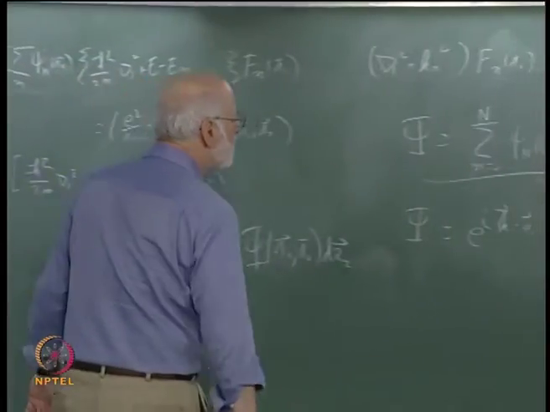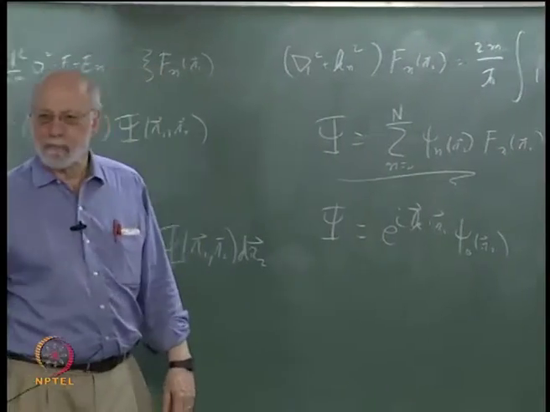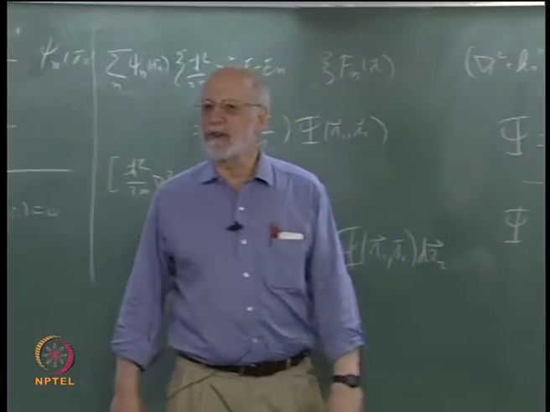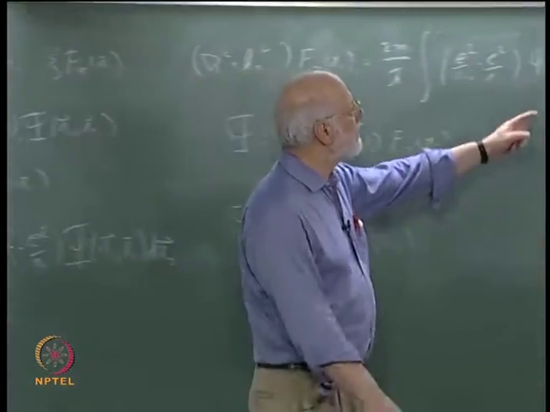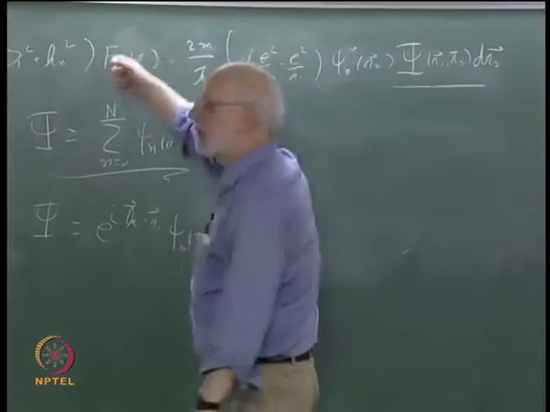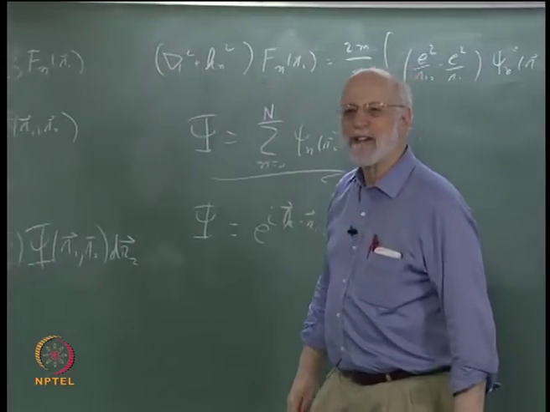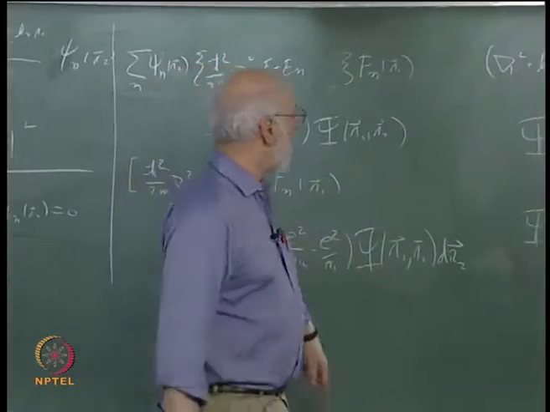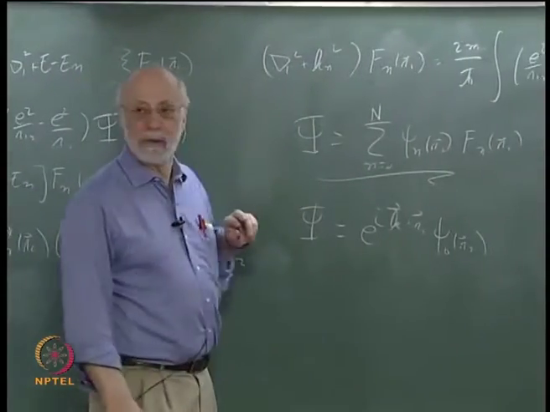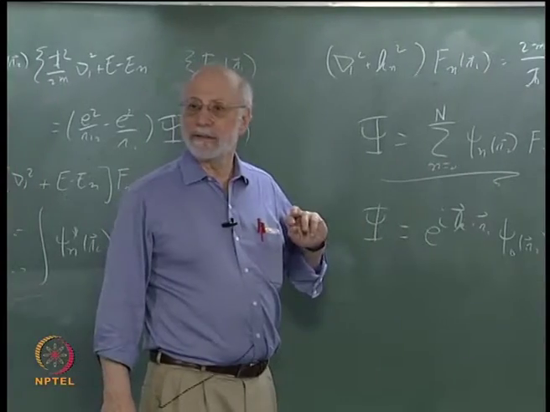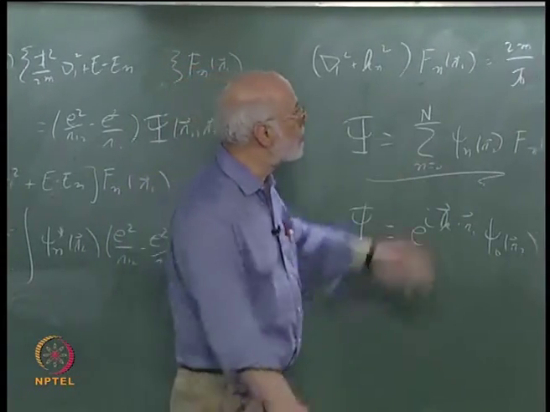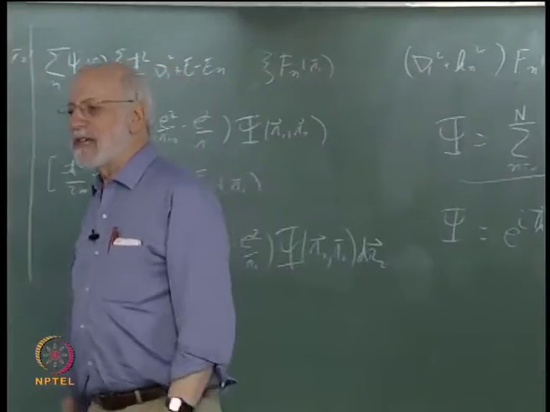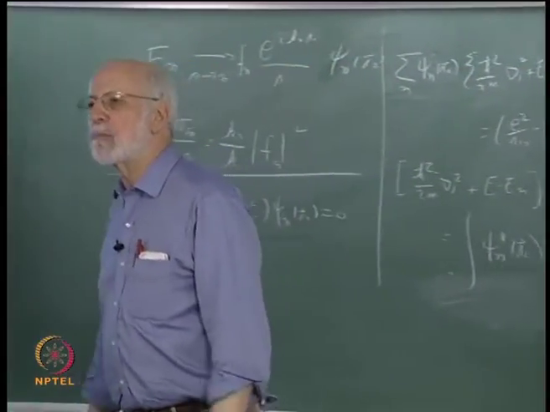So my philosophy is this. I'm going to start with this as my zeroth order wave function. I'm going to plug that in here, and I'm going to get the Fn's out. Then I can get a new psi, the next order, plug that in. This, in a general sense, is known as the Born approximation.